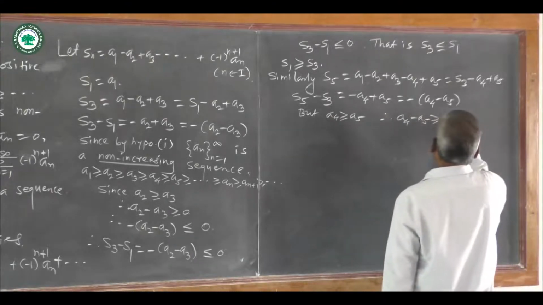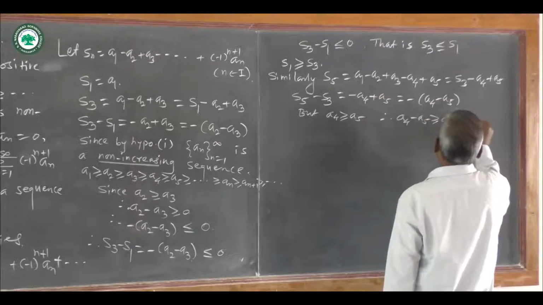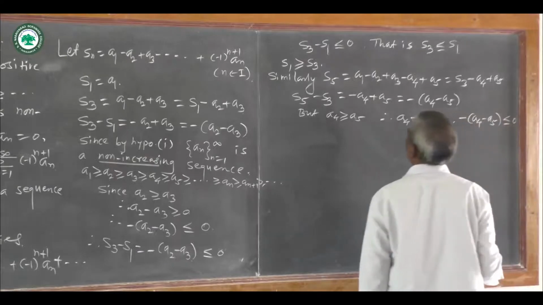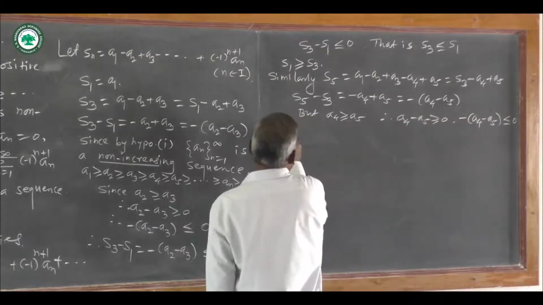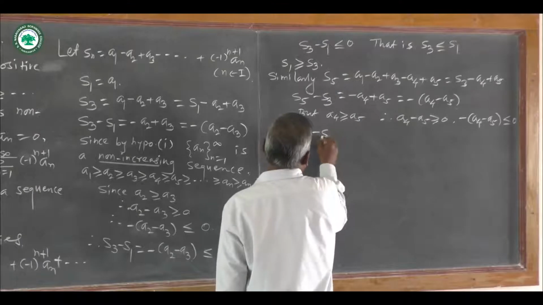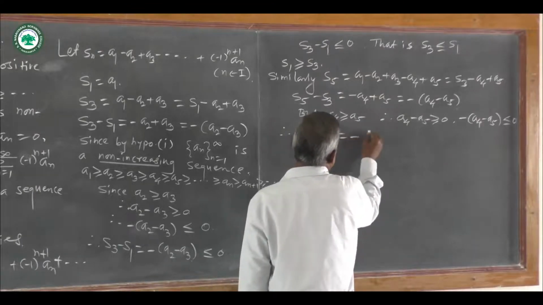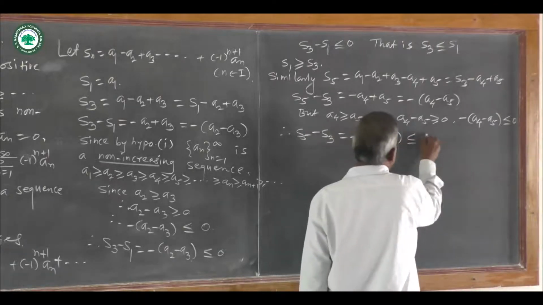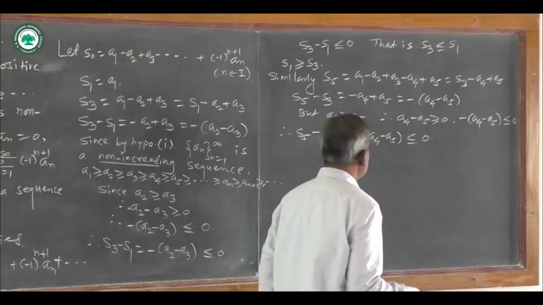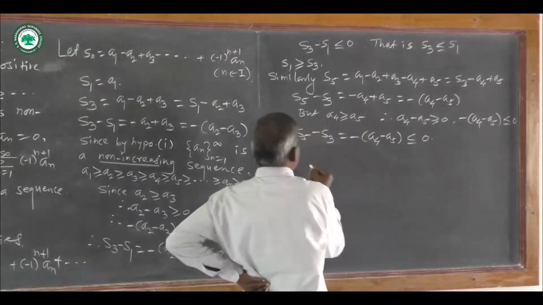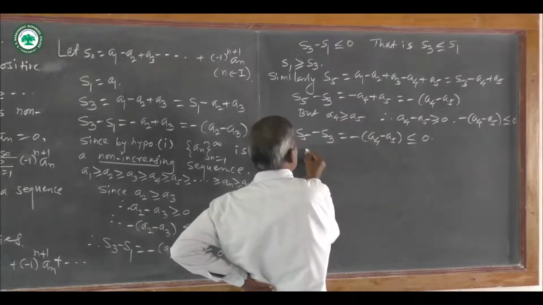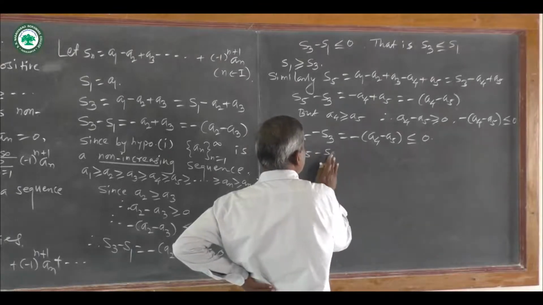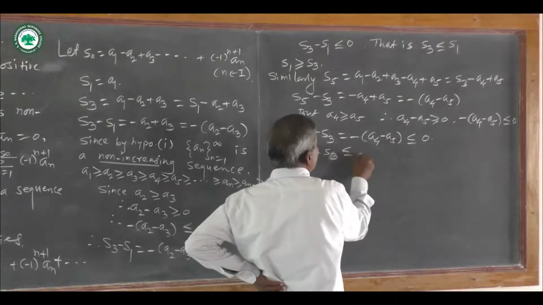Multiplying by minus 1, we write minus (A4 minus A5) is less than or equal to 0. Therefore, S5 minus S3 is equal to minus (A4 minus A5), which is less than or equal to 0. S5 minus S3 is less than or equal to 0.